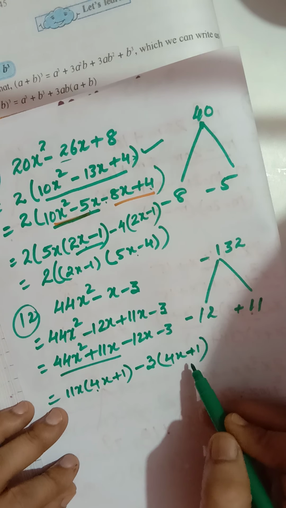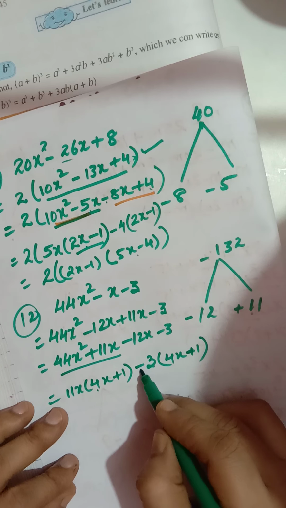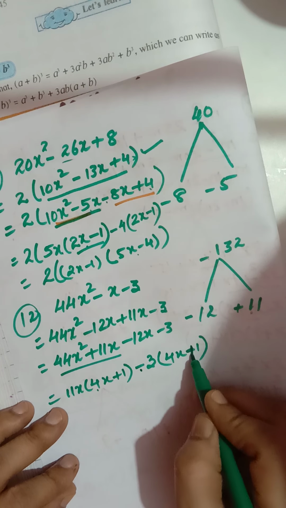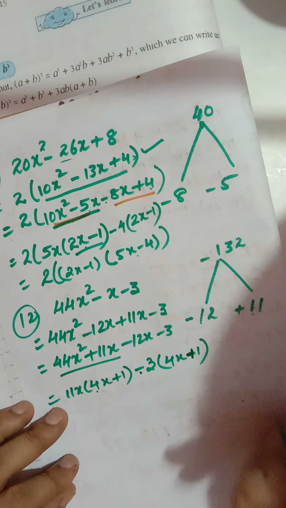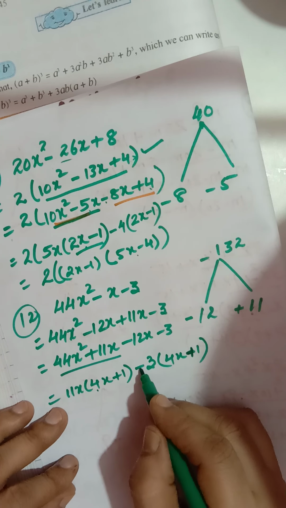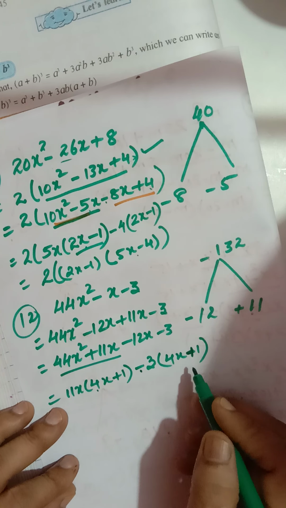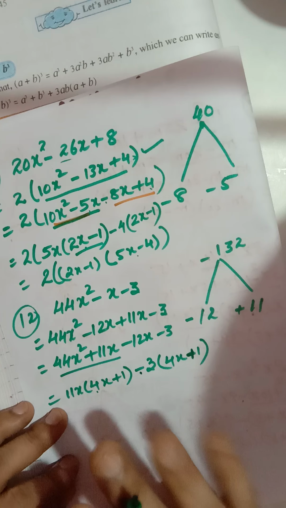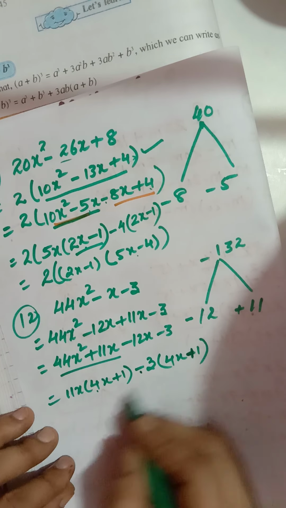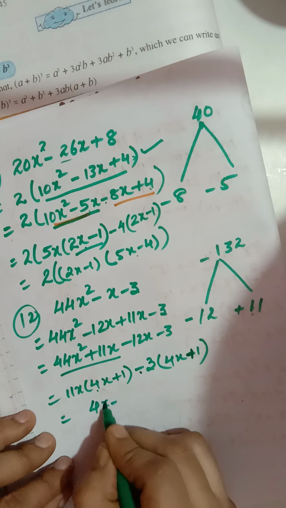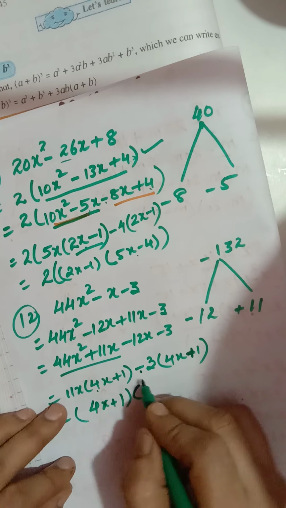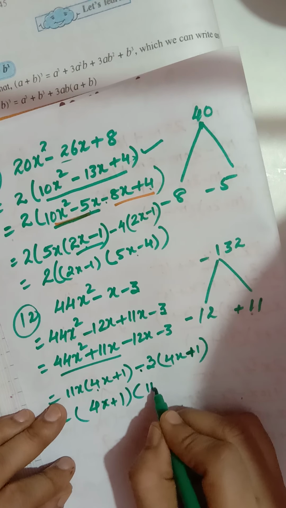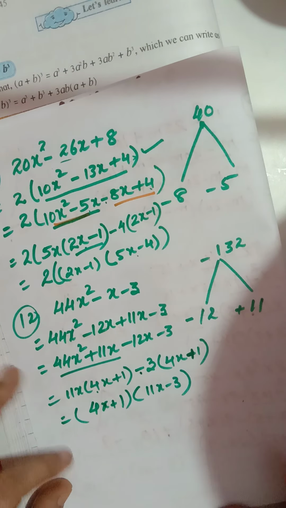Here the middle sign will become plus, because we have taken minus sign common. You can just keep in mind that whenever there is a minus sign outside the second bracket, the sign inside the second bracket will change, so it will be plus. Now both the brackets are same, so 4x plus 1, this is equal to the second bracket 11x minus 3.